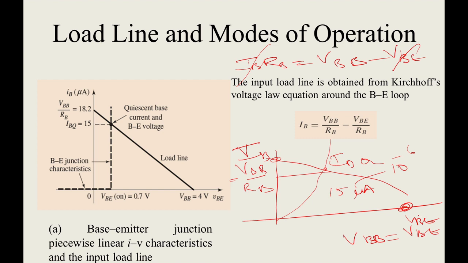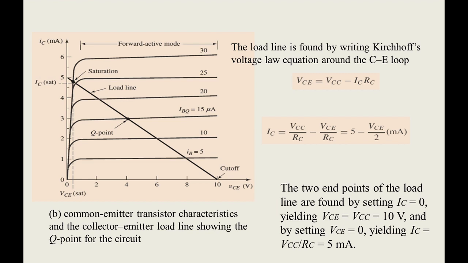So to find the maximum voltage, I consider IB as 0, and the formula is VBB equal to VBE. To find the maximum current, I consider VBE as 0, and we get the equation VBB by RB. That's it. Now we go for the output characteristic graph.